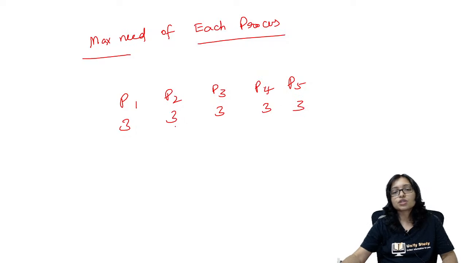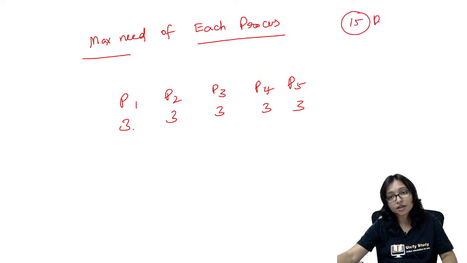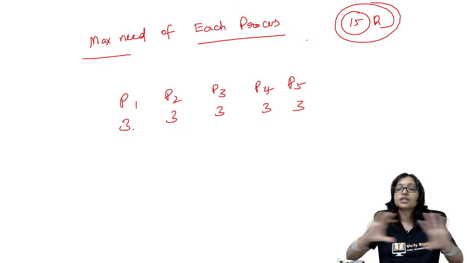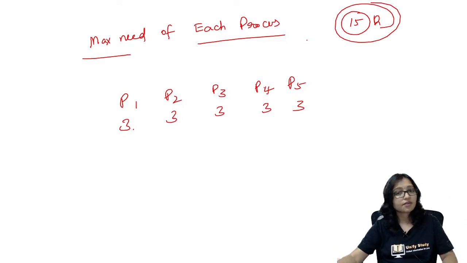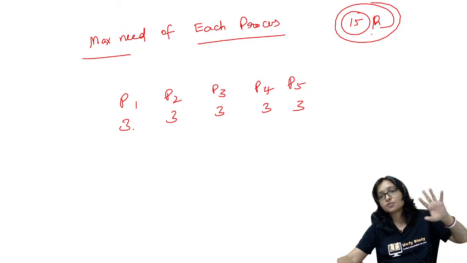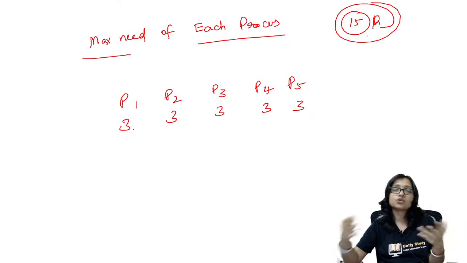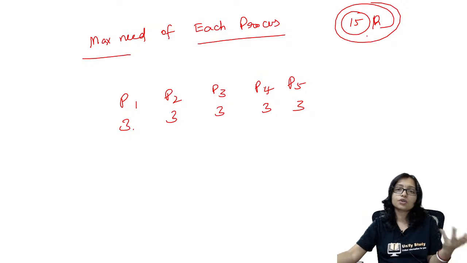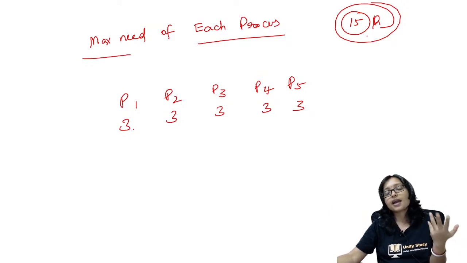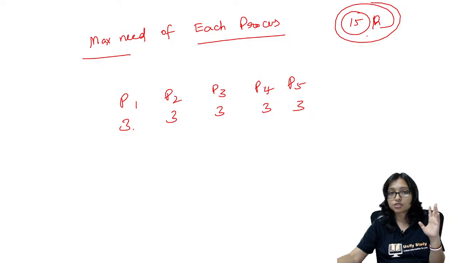Now in this situation actually if you are thinking how many resources are required at a time, 3 plus 3 plus 3 means actually 15 resources are required at a time, so that I can distribute among them, right? So this is the worst case. This is when I have 15 resources I will give it to distribute to everyone. So I cannot buy that much resources because it will take more money.